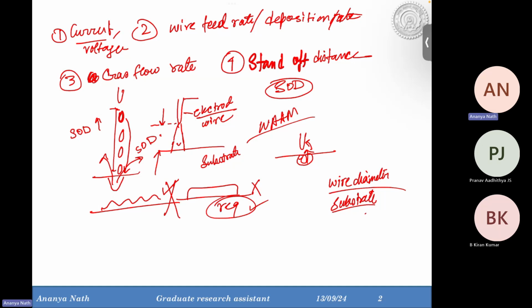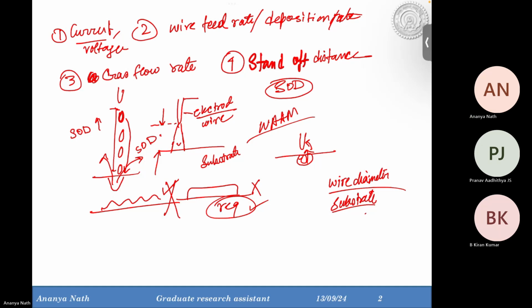These are not considered process parameters, but all these things have an influence over the process. But current, wire feed rate, deposition rate, gas flow rate, and standoff distance are the mainly used process parameters.